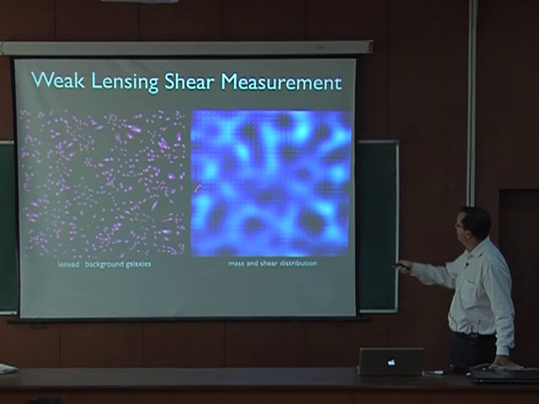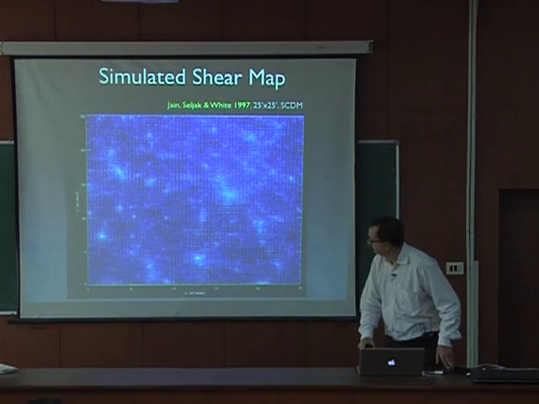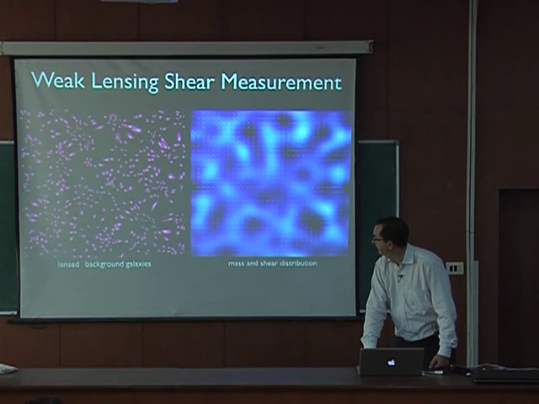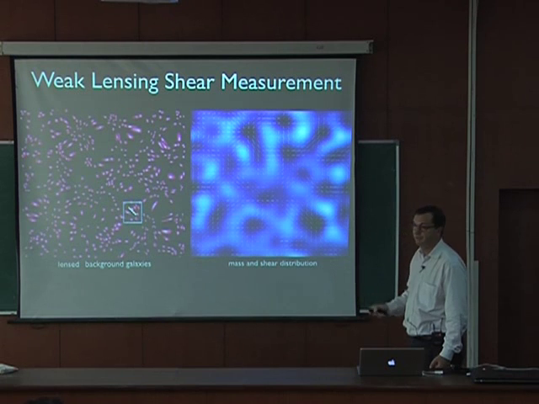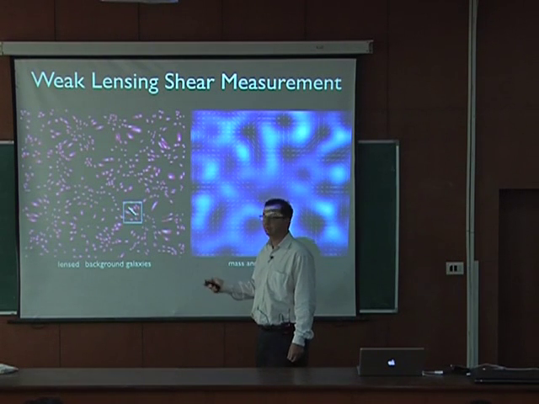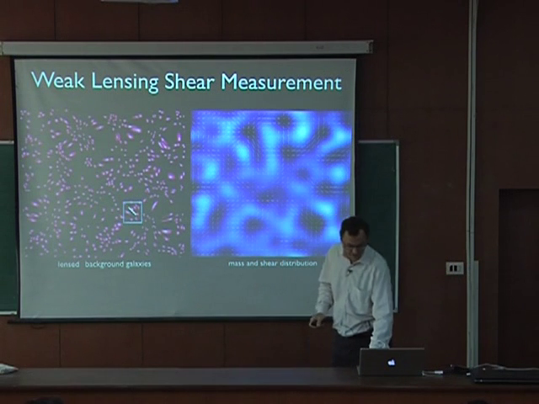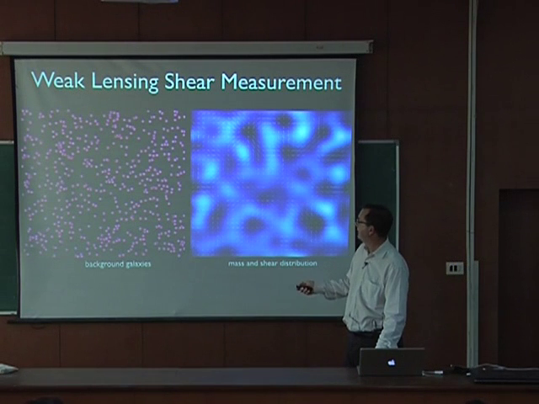Okay, and so you map it like this, and then the idea is to look at a small region of the image and look at the average shape of these galaxies, right? So in the absence of lensing, in this very simple case, they would be all circular, so the average ellipticity of the galaxies would be 0.